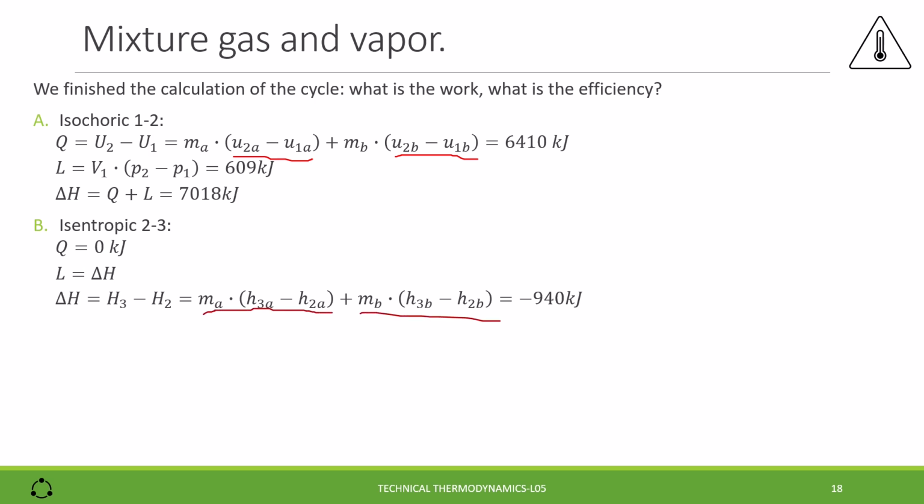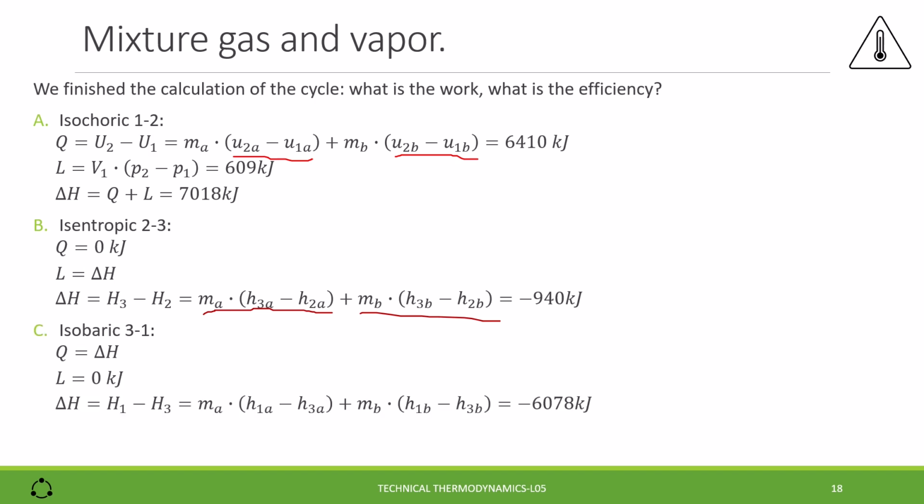One is the gas A and one is the gas B. Negative 940 kJ. For the transformation C, isobaric from 3 to 1, the heat is a differential enthalpy by definition. The technical work is 0, and the differential enthalpy has similar expression already seen above, with of course the different states.